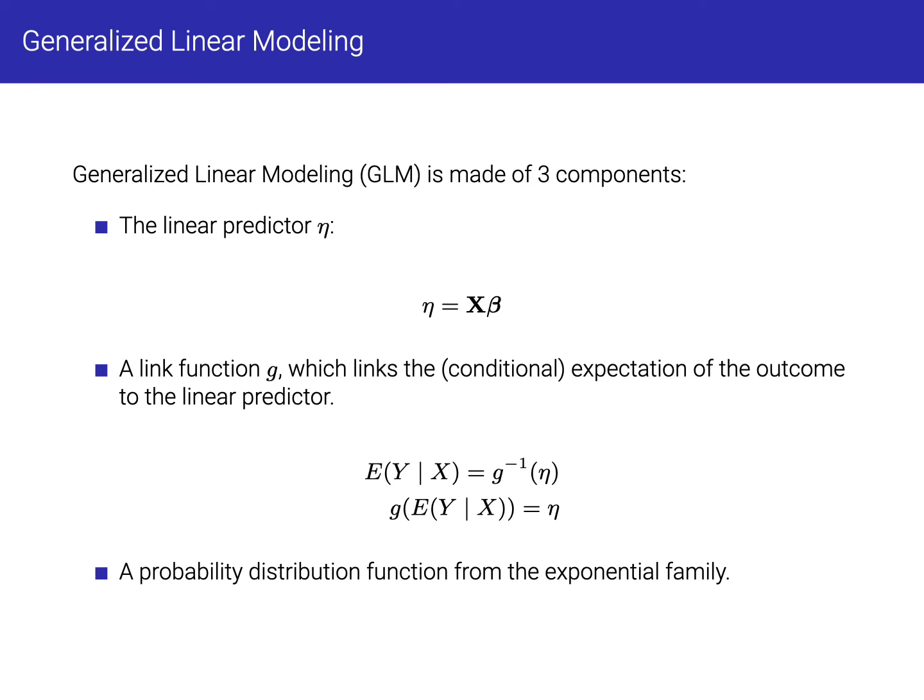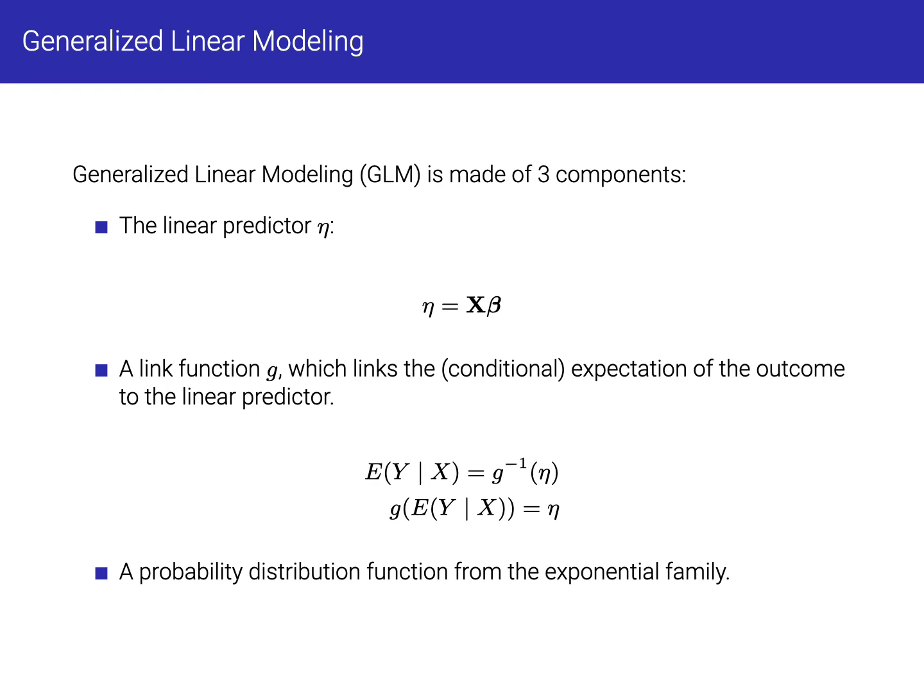But a new part here in generalized linear modeling, as opposed to linear modeling, is that we also have a link function which links the expectation of the outcome to the linear predictor. So this time the expectation of the outcome is not equal to the linear predictor, but it's equal to some function of it.